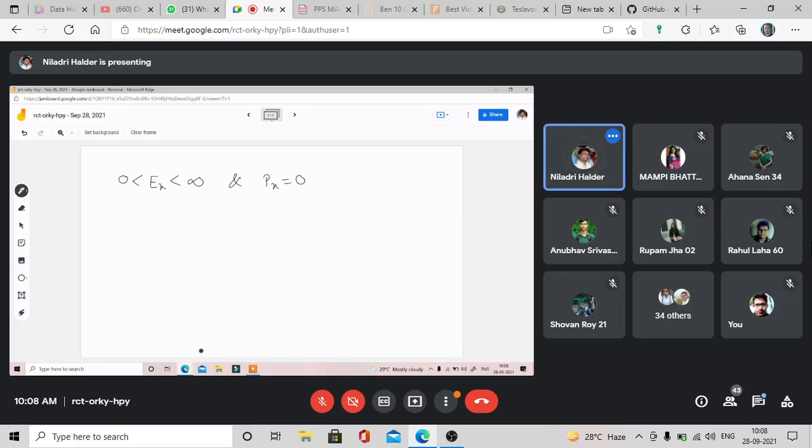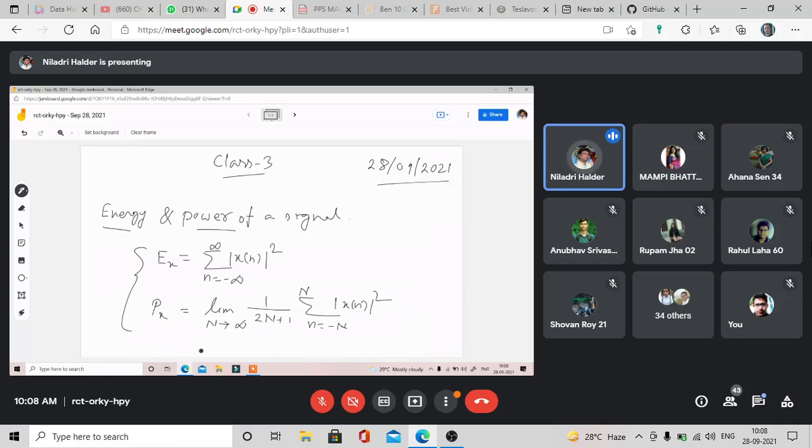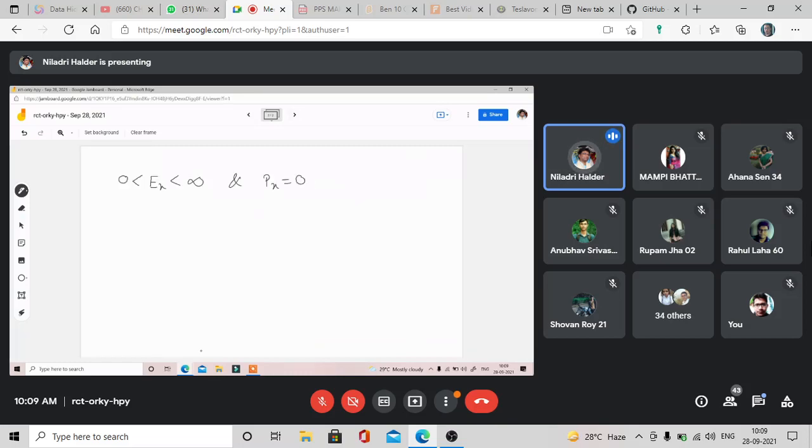So if you calculate the energy and power of a signal, you will get some values, and depending on those values, you will check whether the energy is finite or not, and power is zero or not. If these two conditions are satisfied, then this signal is called the energy signal.